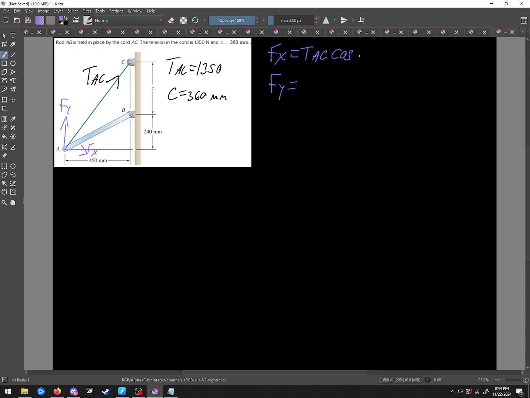So we're gonna have TAC cosine of an angle, and TAC sine of an angle. Now we're gonna have an angle here of, I'm gonna call it phi, and an angle here of theta.